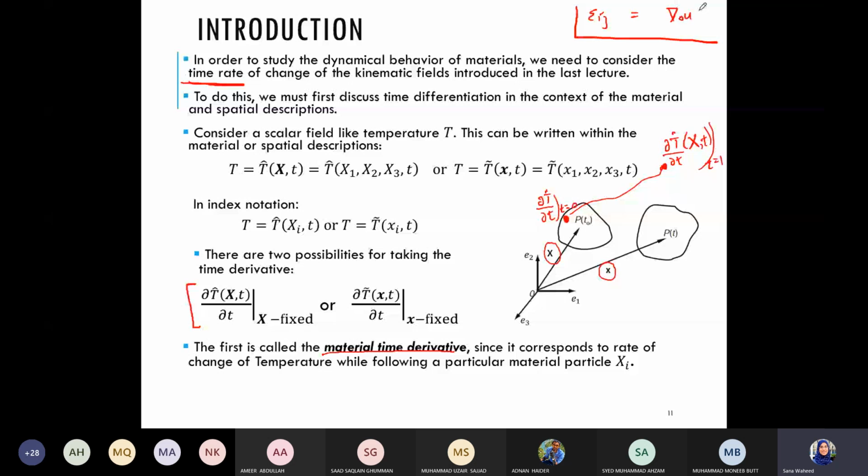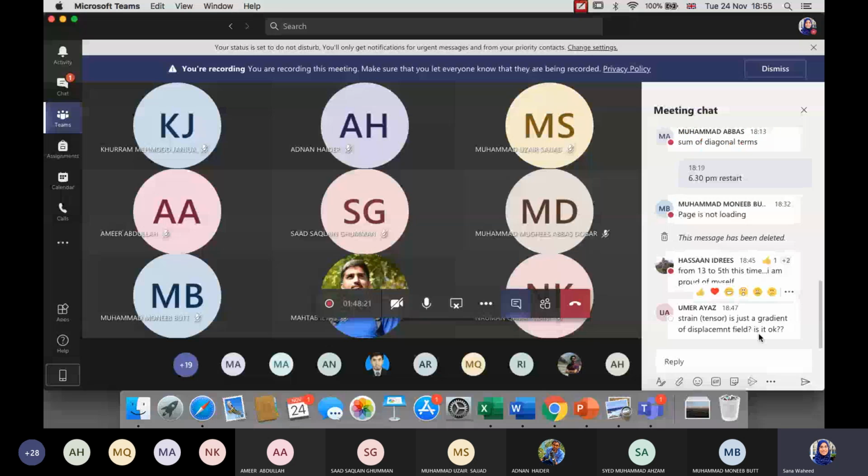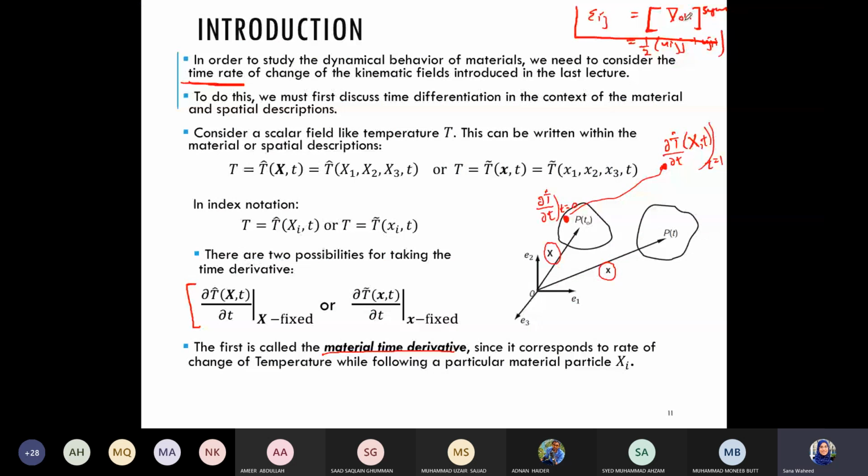Okay, it's actually इसका symmetric part, which is actually just half of ये ui comma j plus uj comma i. मतलब ये कि straight सीधा it's not completely correct to say कि it's just the gradient of the displacement field. No, gradient of the displacement field तो ये del not u है. जो strain tensor है वो इस del not u का symmetric part है या फिर this thing right here. Okay, ma'am. Thank you.